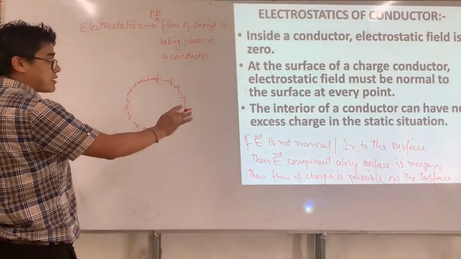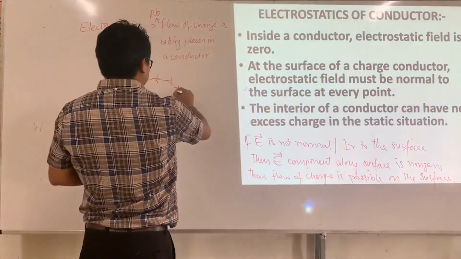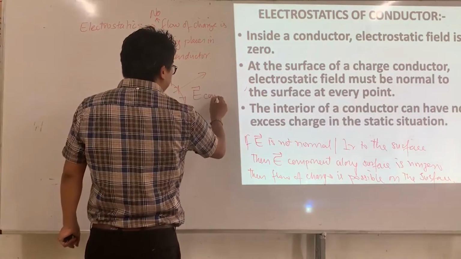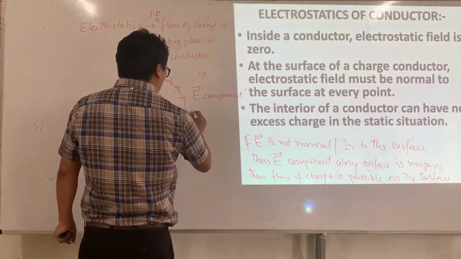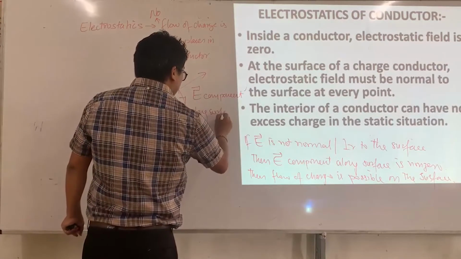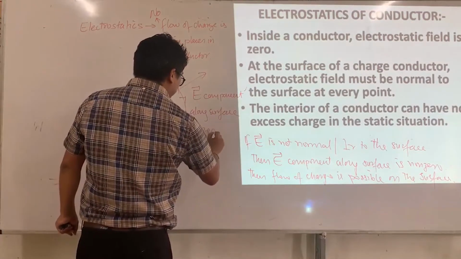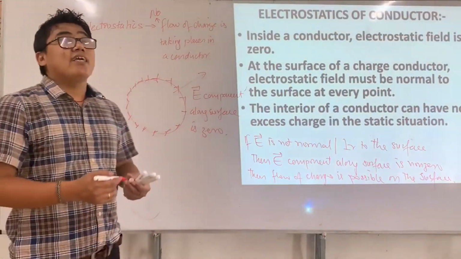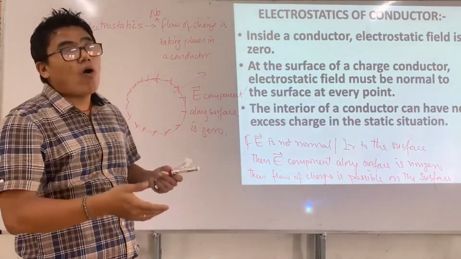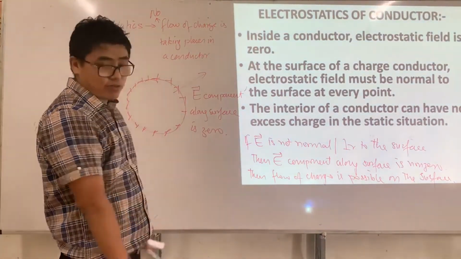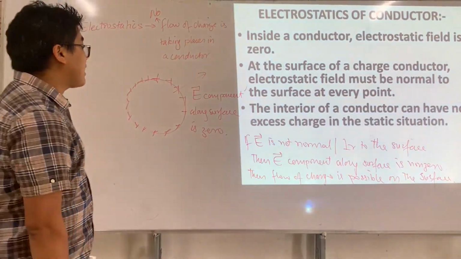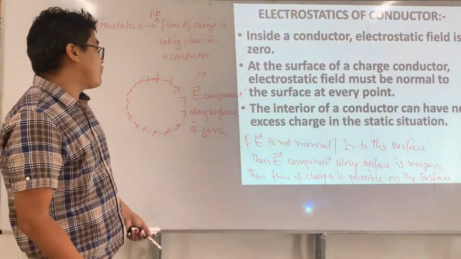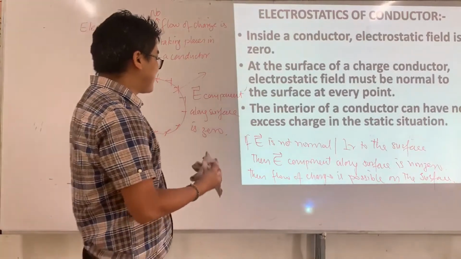If the electric field is normal to the surface, then the field component along the surface is zero, and that is why no flow of charge along the surface is possible, which is very much electrostatic. Now next, point number 3: the interior of a conductor can have no excess charge in the static situations.